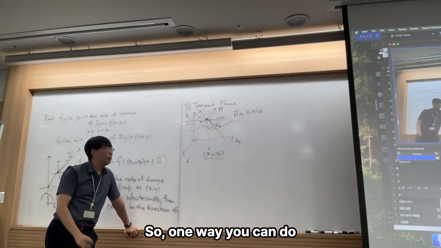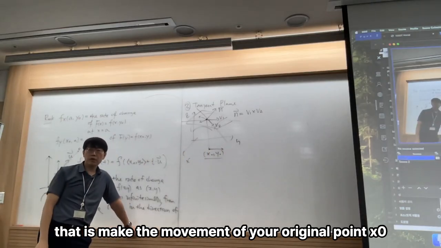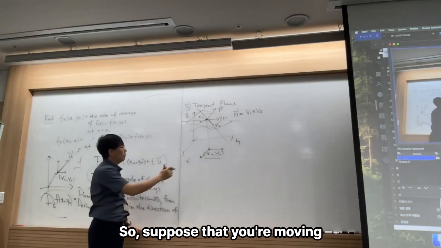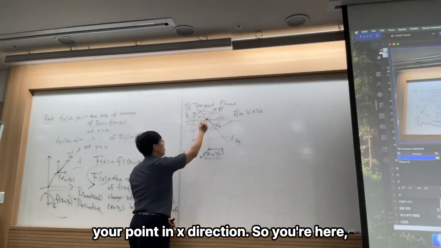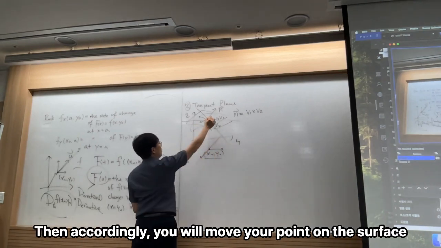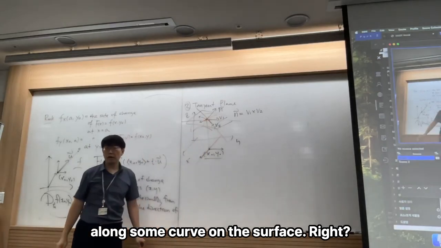One way you can do that is to move your original point x0, y0 in the direction of x and y, okay? Suppose you're moving your point in the x direction. So you're here and moving along minus x and x. Accordingly, you will move your point on the surface along some curve on the surface, right?